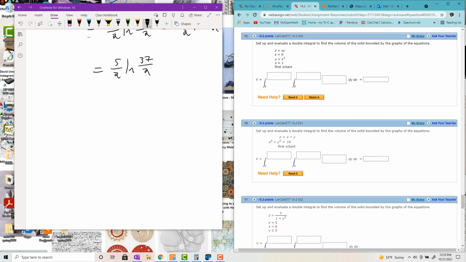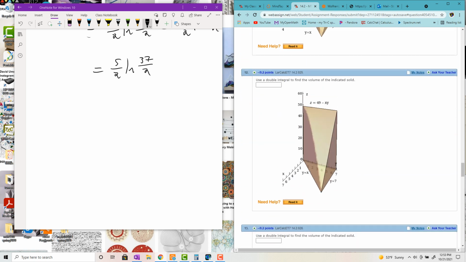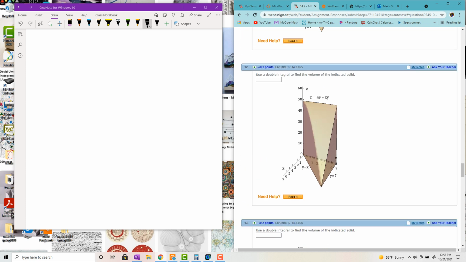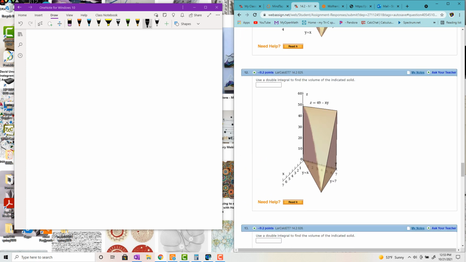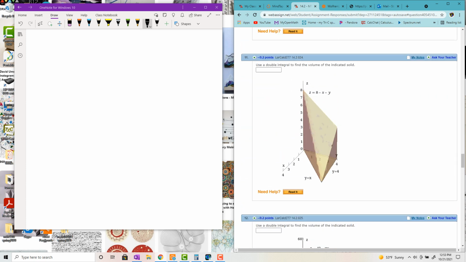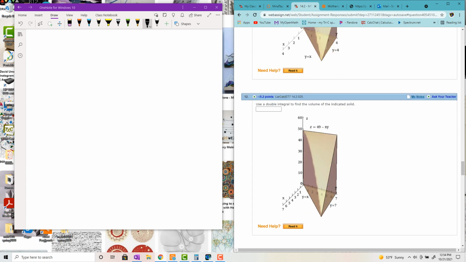Okay. So let's look at one of these surface ones. Use a double integral to find the volume. Basically, it's just, find an integral that will represent the region that you're integrating over, and then on the inside, the integrand, you're putting the z function. So for example number 12, what are we dealing with here?